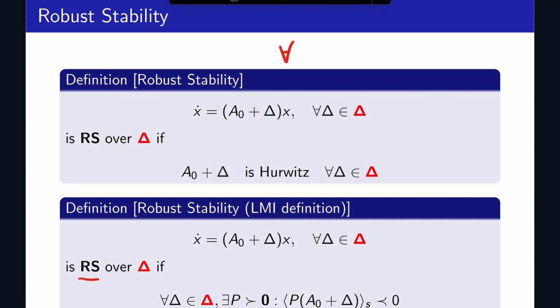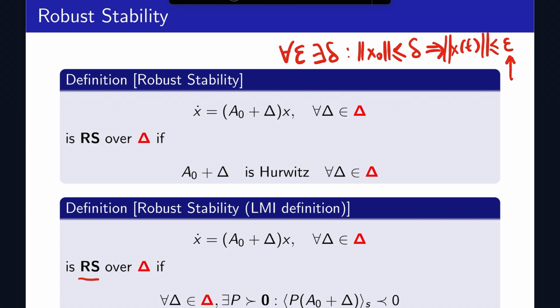For all epsilon there exists delta, such that when we start the initial condition inside this delta radius ball, this implies we will be in the epsilon ball, right? For all epsilon there exists delta, right?